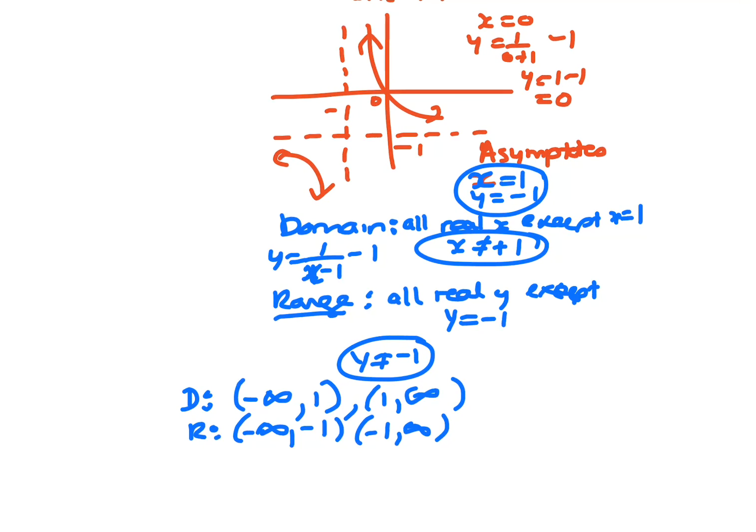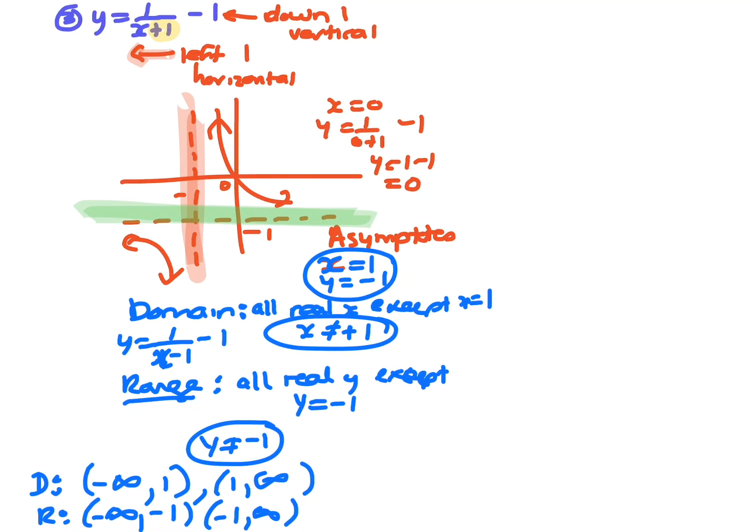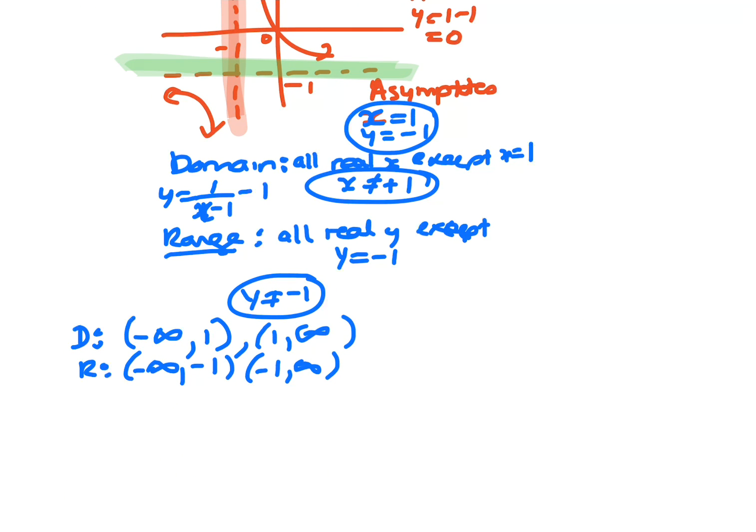So if you look at this here, you've got minus 1 as where the x can't equal, and you've got y. Should I have minus 1? Yeah, no, it is minus 1. I think all that I did was I rewrote this one as plus 1.